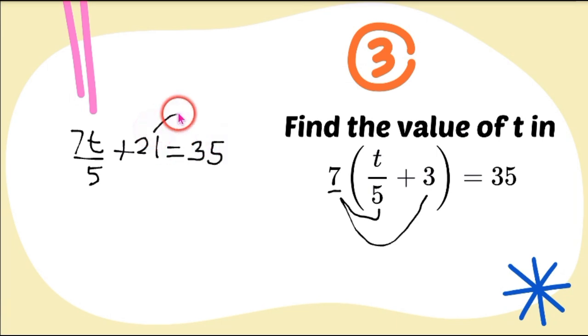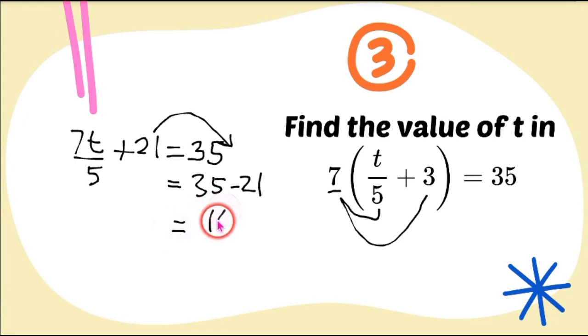So here, moving forward, the 21 goes to the other side. It carries a plus here. At the other side, it becomes a minus. So that will give us 35 minus 21, which is 14 actually. So 14. And at this other side, don't forget that I'm having 7t divided by 5.